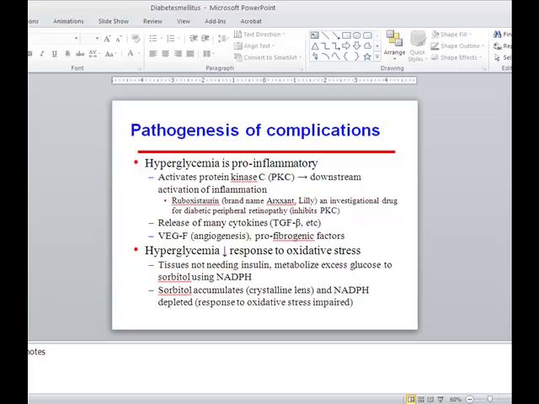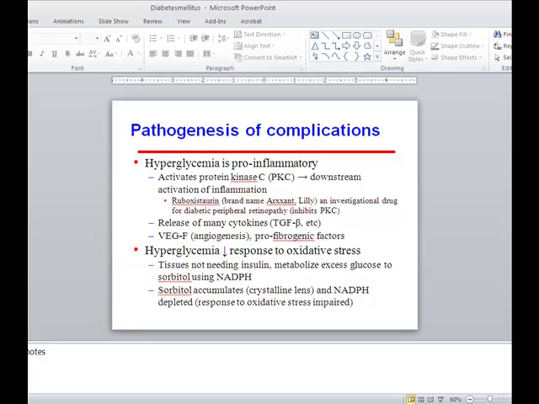But in diabetic patients, since there is more glucose available in the blood, you could have more than normal glucose getting into those tissues, because glucose gets in without the help of insulin in those tissues normally. But when more glucose is available in the blood, more glucose is getting into these tissues like the lens, which normally don't need insulin.